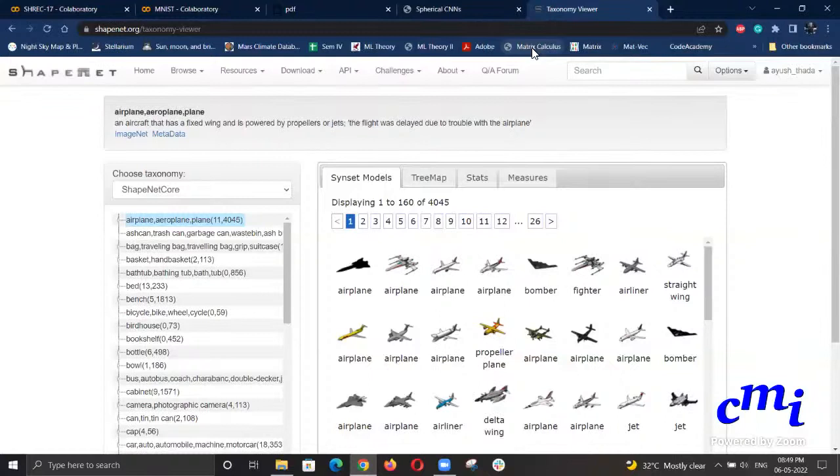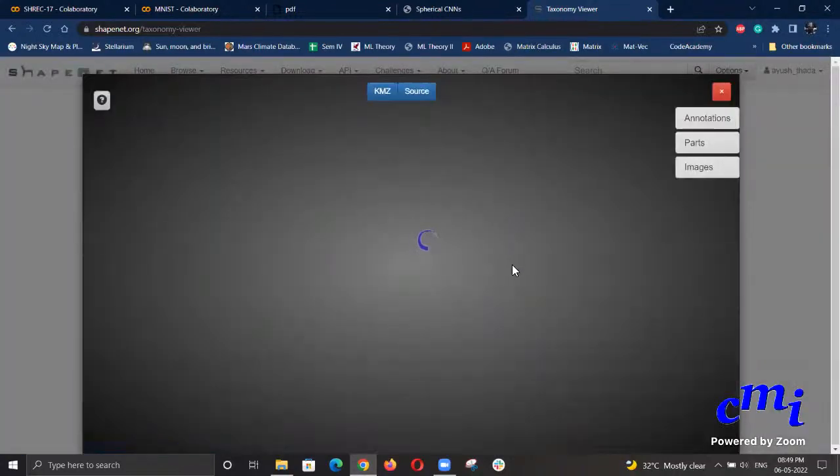Another data set is the ShapeNet data set. It is basically a collection of some 51,300 CAD models. I can show you one particular example. These are basically 3D objects.